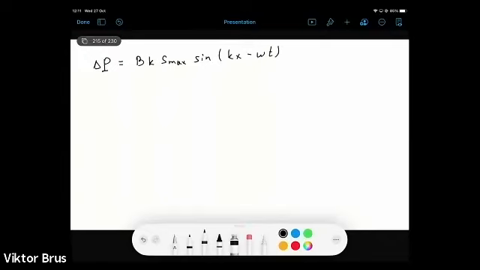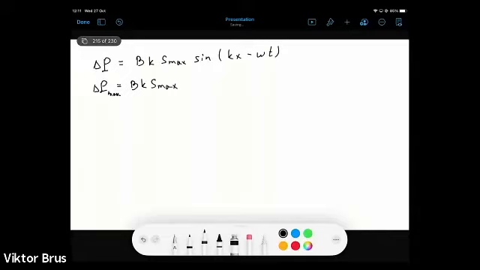So we can write from here, we also did that previously, just recall it, delta P max, the amplitude deviation in pressure, is equal to B times K times S max. So we keep this in mind.